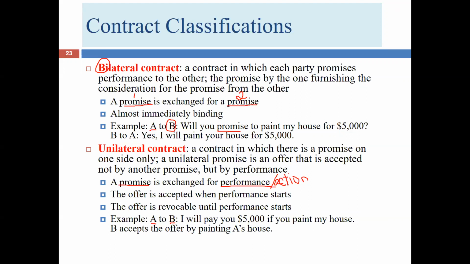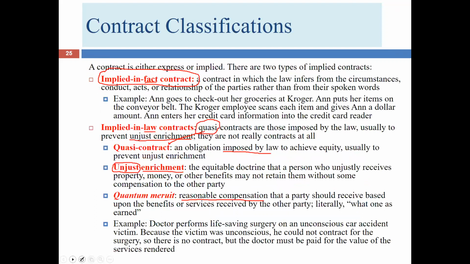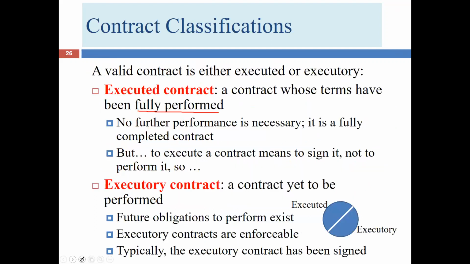And they both sign it. So now we have a contract that has been executed by both Adam and Bob, but it is not an executed contract because Bob has not painted Adam's house yet, and Adam has not paid Bob for painting the house yet.